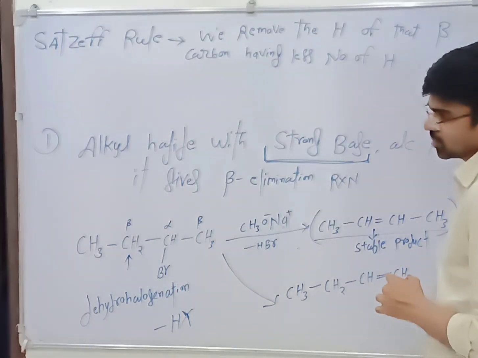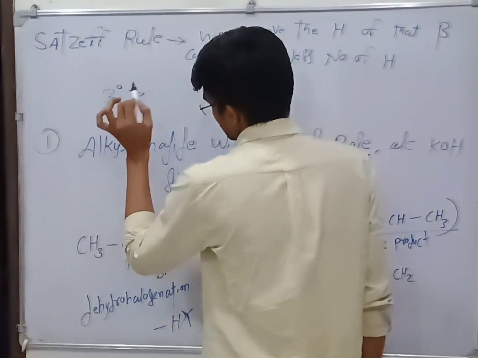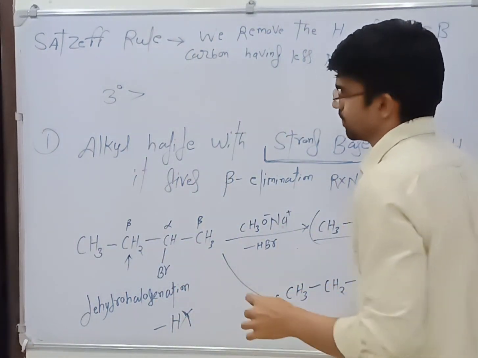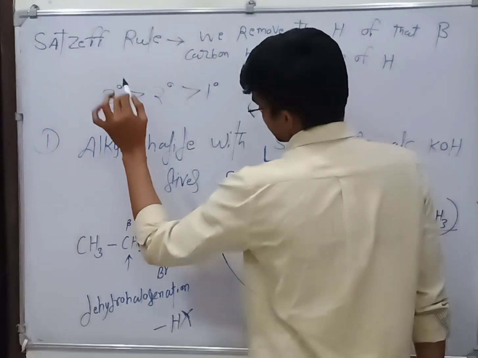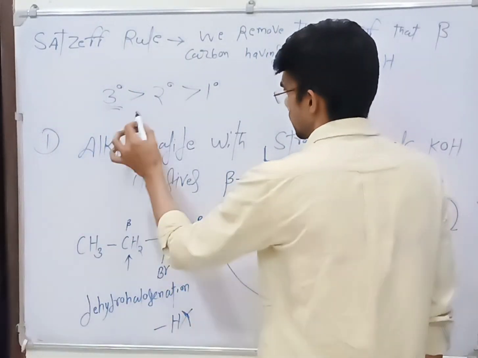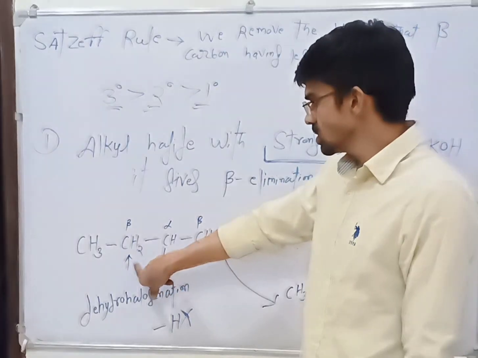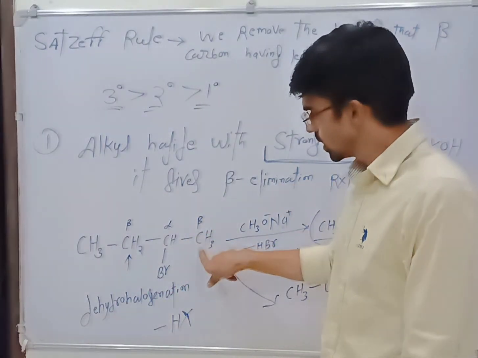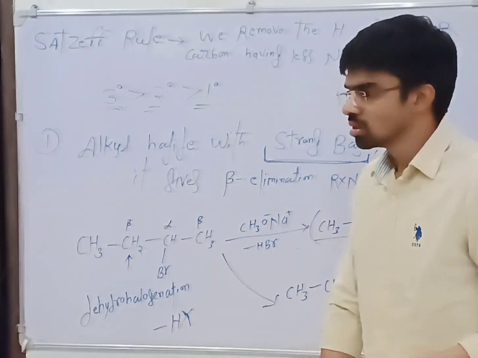One more thing you have to understand: 3 degree gives the most stable elimination, then 2 degree, and then 1 degree. Here, this is the 2 degree carbon, and this is the 1 degree carbon. So the 2 degree carbon gives the more stable product.